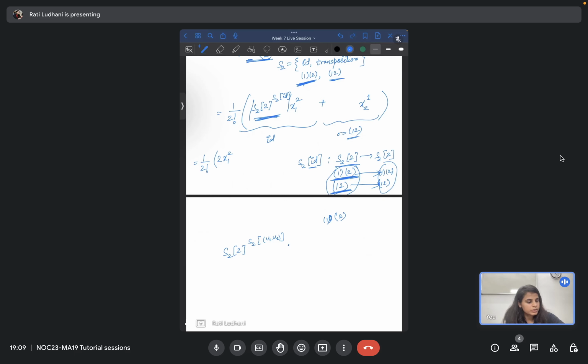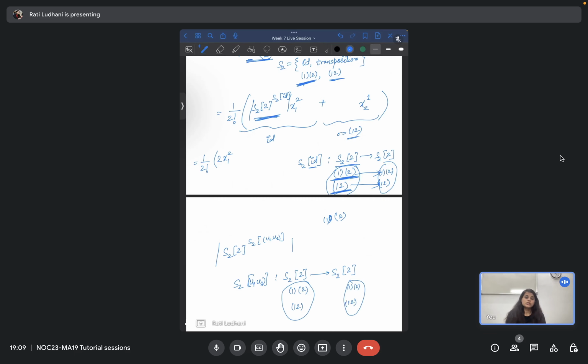So to calculate this value, what do you have? The map says you have to take this, and this is your S2, U1 U2, this cycle. So what does this do? This is the set.